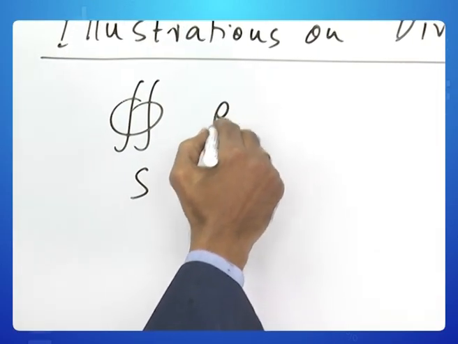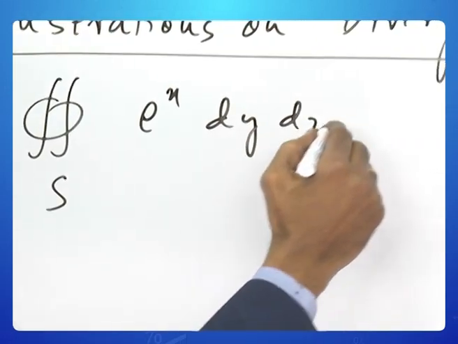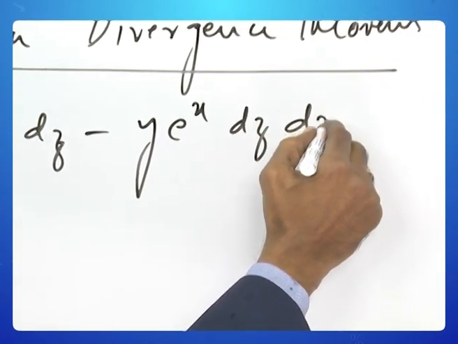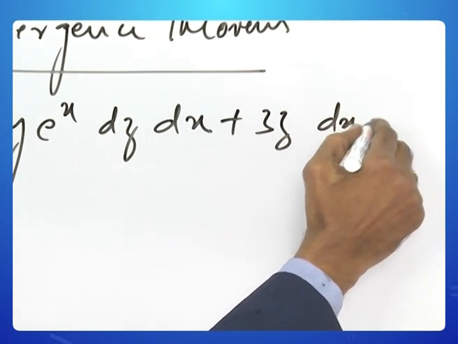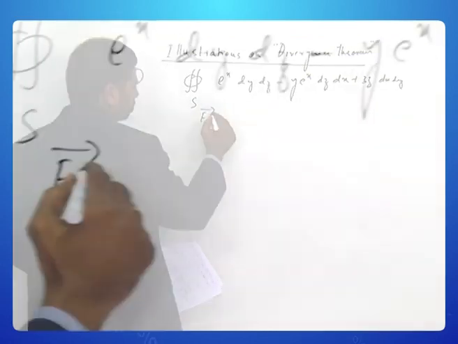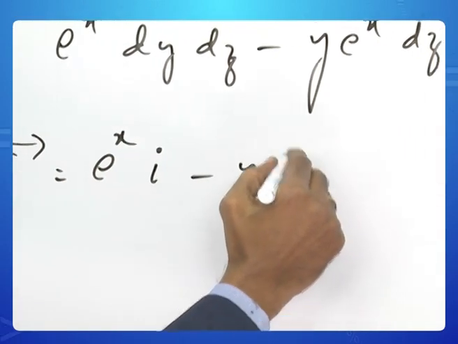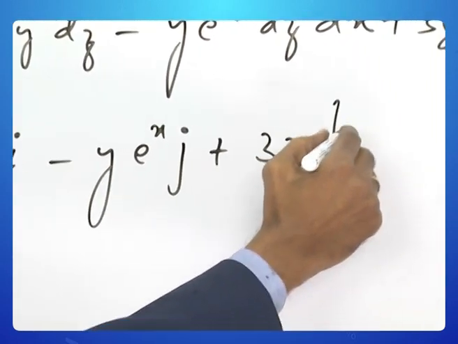So, from the given integral, we can extract the field, and it will be e^x i minus y e^x j plus 3z k.